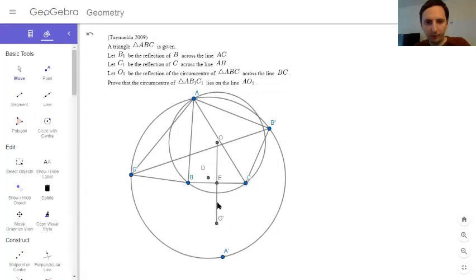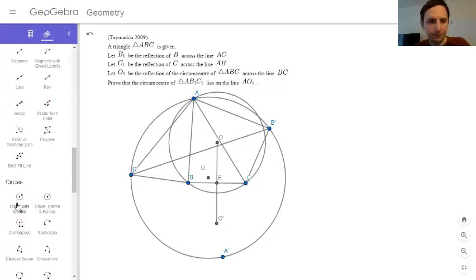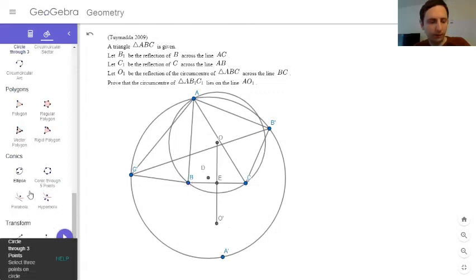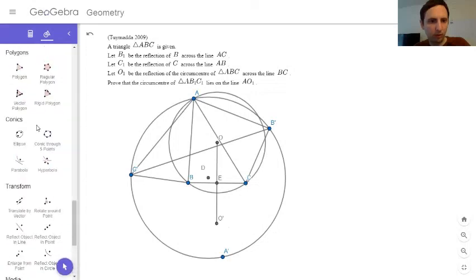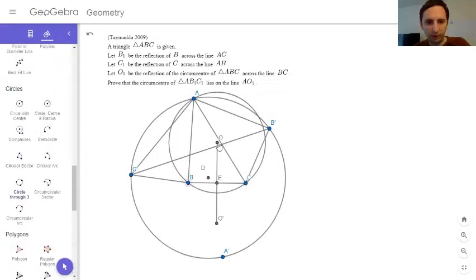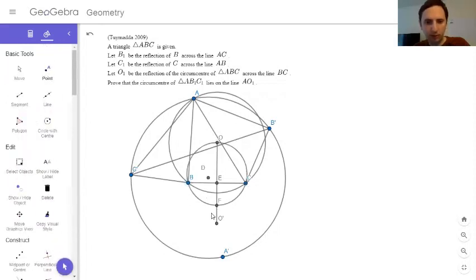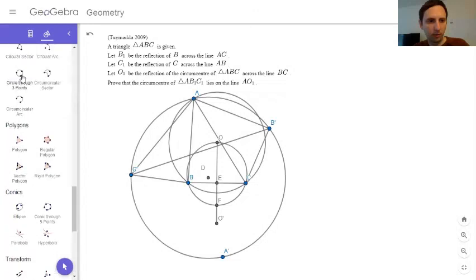There was a previous problem where I showed, in this configuration, if you take the tangents at B and C, we'll draw it like this, so F, I think I showed that the circumcenter of F B C prime lies on the altitude from A. So I wonder if that could be used at all.